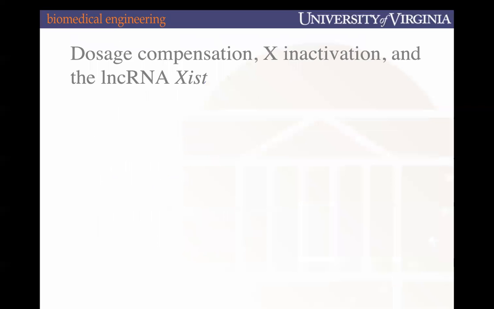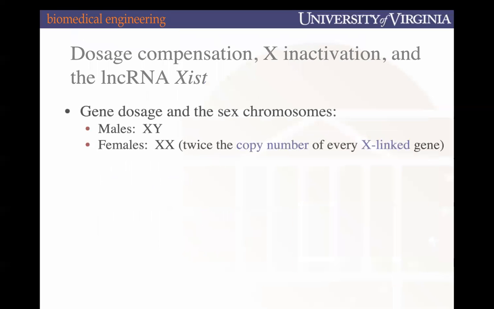The way in which this happens is that there's a specific long non-coding RNA that we're going to talk about called XIST. So typically people have either an XY or an XX chromosome pair. And so there's a gene dosage problem, because having two X chromosomes means you could have double the amount of protein that's encoded on the X chromosome.